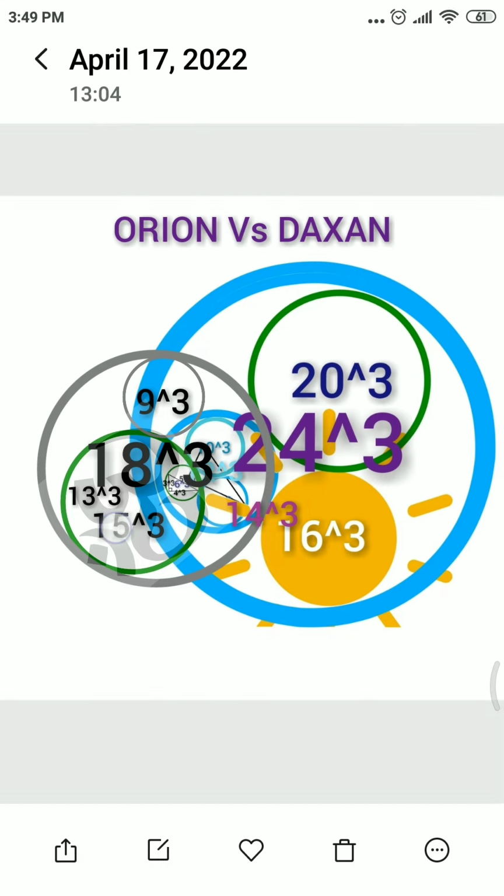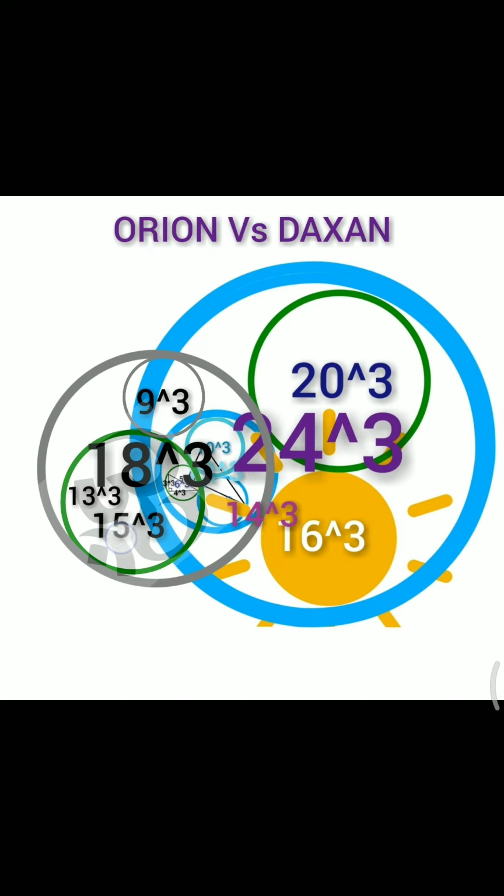And 15 cube could not retain his whole 15 cube quantity, and he split up and became sun, moon, and of course Yaldabaoth, which I have explained a lot of times.